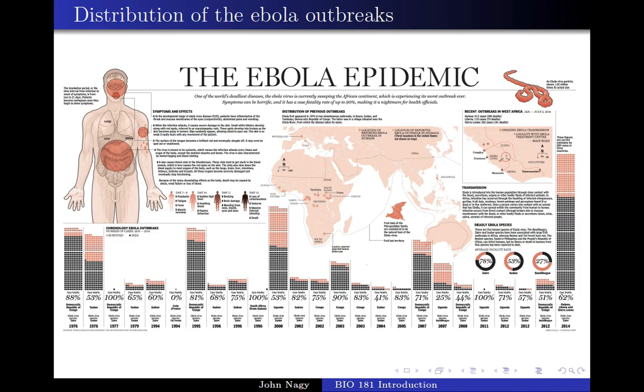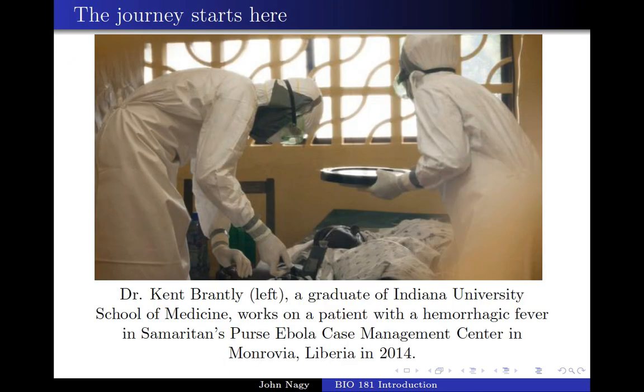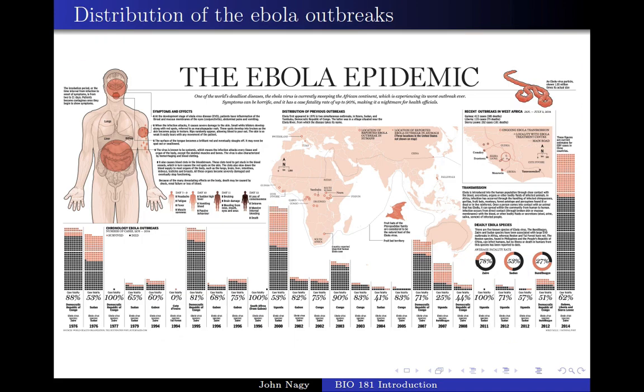This particular disease is something that is relatively new. It was first discovered in the mid-1970s, and this graphic shows you a lot of the details of not only its pathogenesis in the upper left, but also all of the cases that have occurred and the big outbreaks that have occurred. In this picture with Dr. Brantley, this was in 2014, and this patient was right in the middle of the largest epidemic of Ebola that we've ever seen.